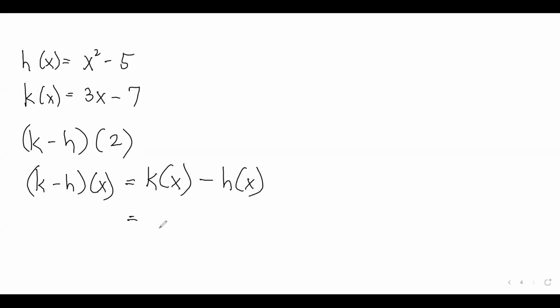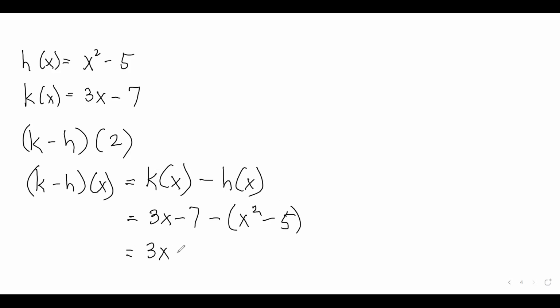Then, substitute natin yung function. What is k of x? That would be 3x minus 7. What is h of x? That is x squared minus 5. Pero katulad ng sinabi ko, ang subtrahend or yung ibabawas is dapat naka-enclose sa parenthesis. So we have minus, the quantity of x squared minus 5. Ayan.